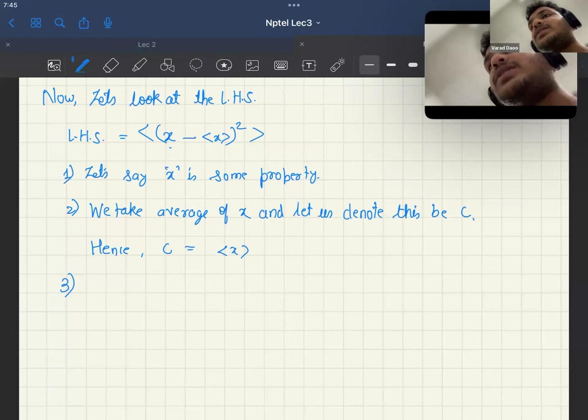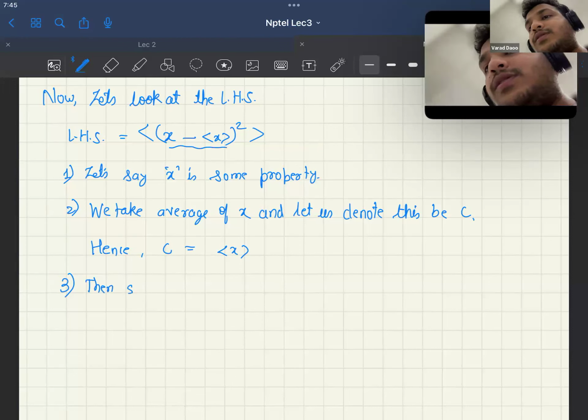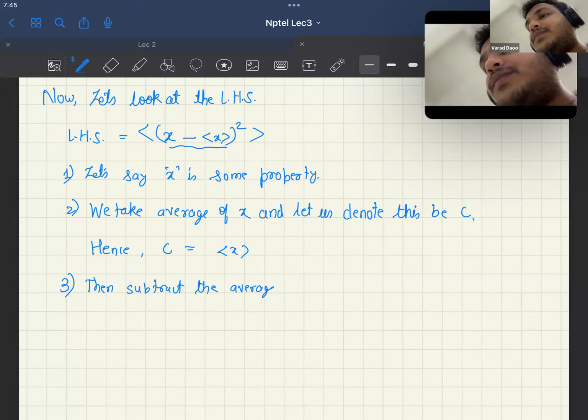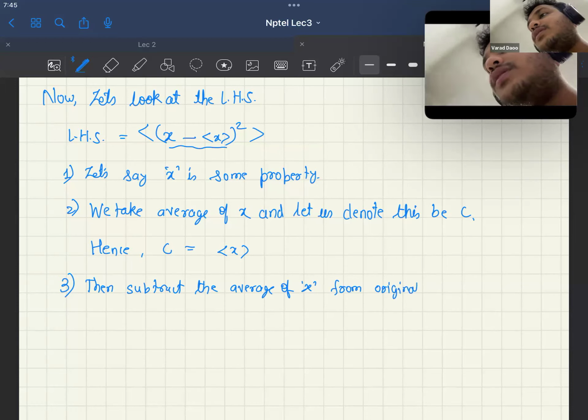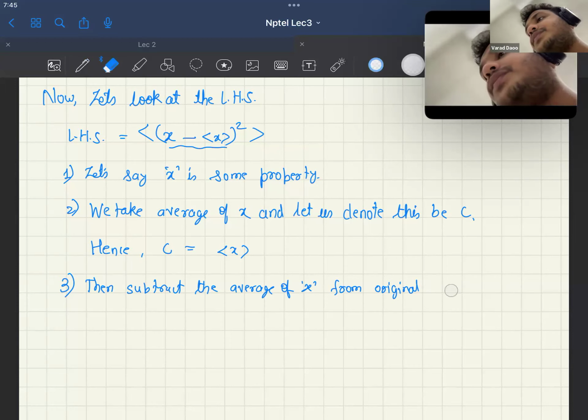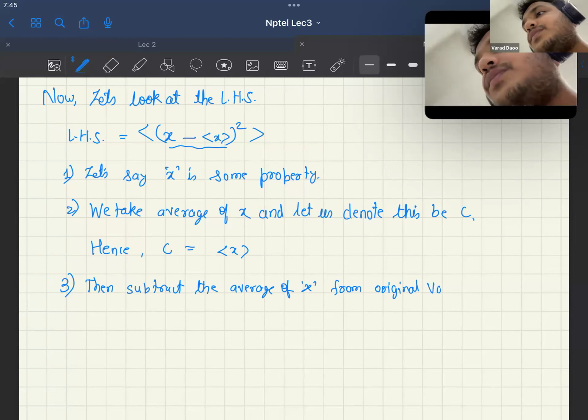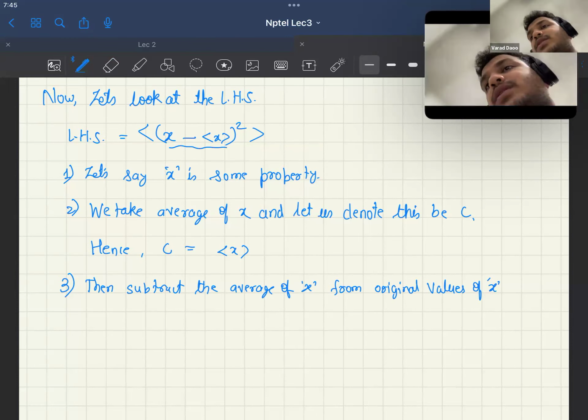Now what we take? We subtract this, right? Then subtract the average of x from original x values, right?